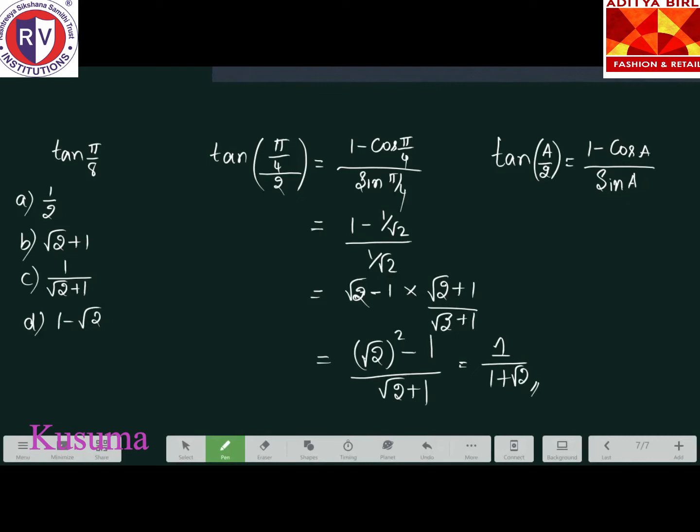And this is among the options, right? 1 by root 2 plus 1. So option C is the answer. But if you make use of sine by cos, you will directly get this form, but it is a bit of a lengthy process. This is easier than that process.